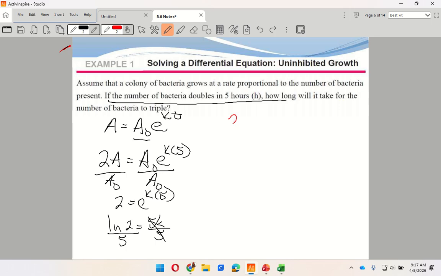So it's going to be 3a is equal to a sub naught, whatever my initial is, e to the k, which I'm just going to write as k for right now until it's time to plug in a calculator, because I don't want to keep writing that over. This is my k value, times t.